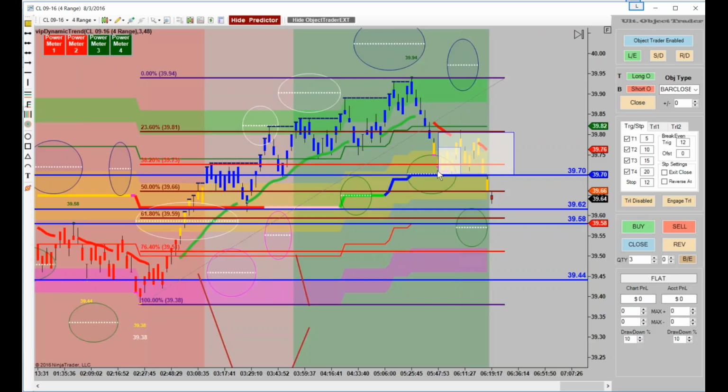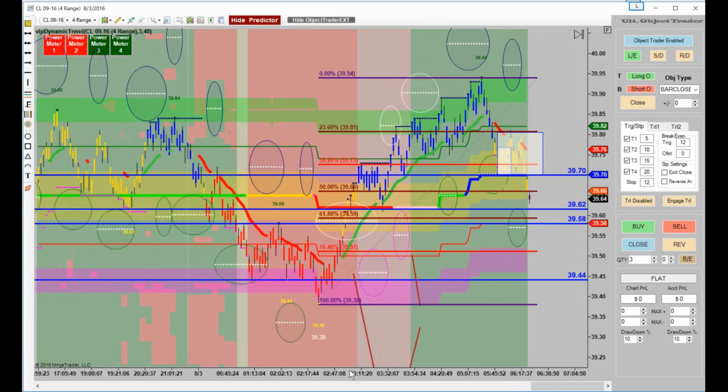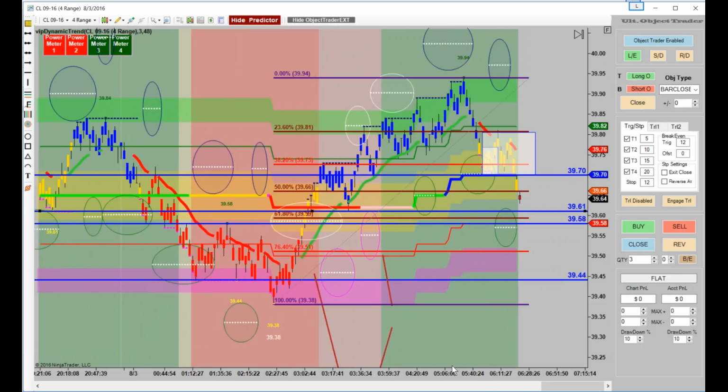It definitely did change to green and blue. So I'd be looking for this trade right down here, and more than likely at the 61% or at my line, because I've got my swings at 61 and my swings at 58. The better short would have been at the 39.85 area as I see it.